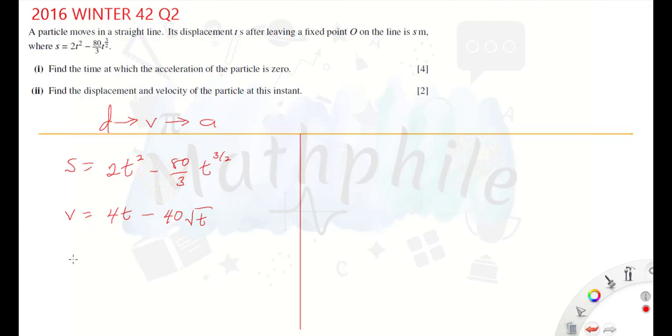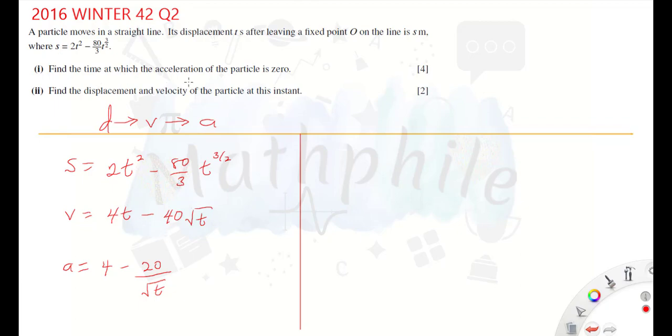Now we're going to differentiate this function again to get a. This should be 4 minus 20 over root t, or it's the same as 4 minus 20 t raised to the power negative 1 over 2. Did you get something like this? Yes, that's what I got.